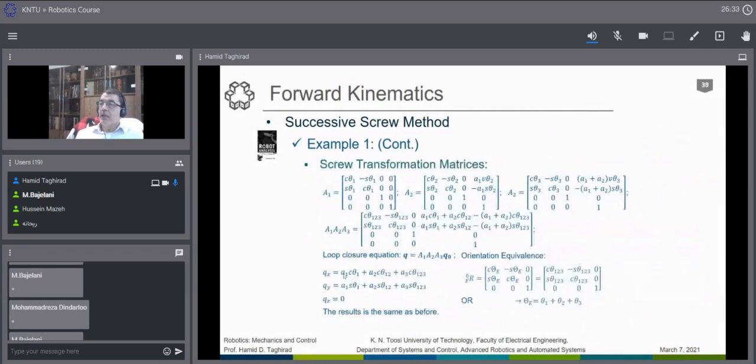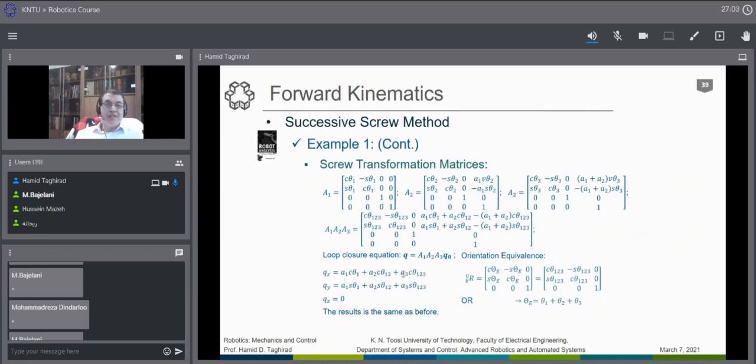And by multiplying this to the Q0 vector, we have three equations here. The three equations are as we had before, QX, QY, and QZ. And the orientation part gives you a simple addition of the joint angles as the final orientation.